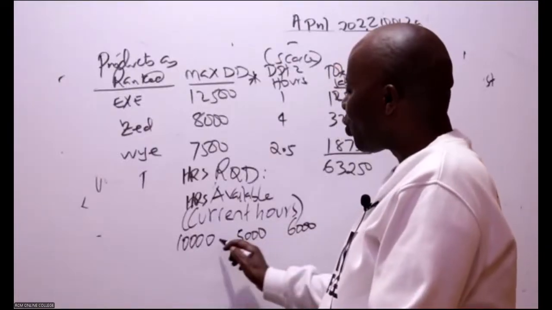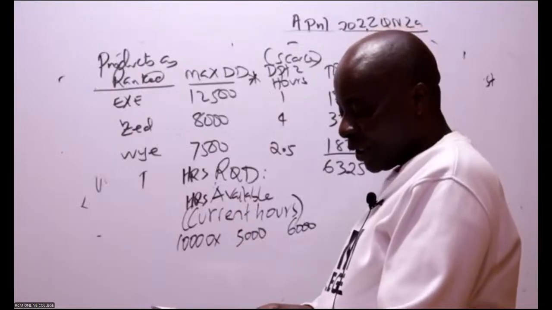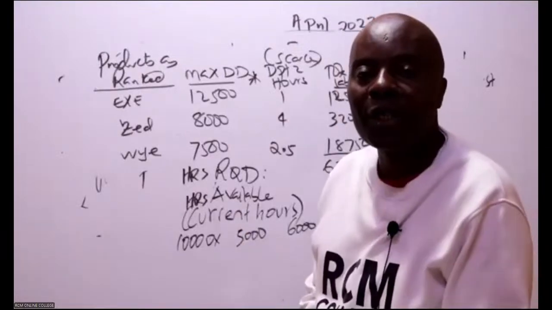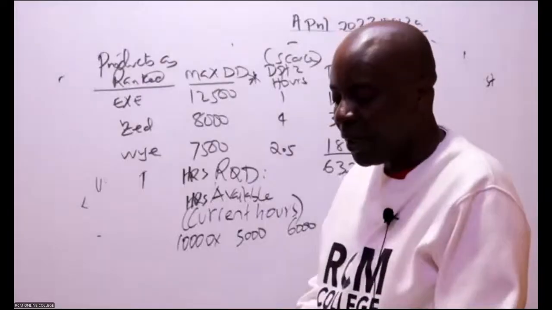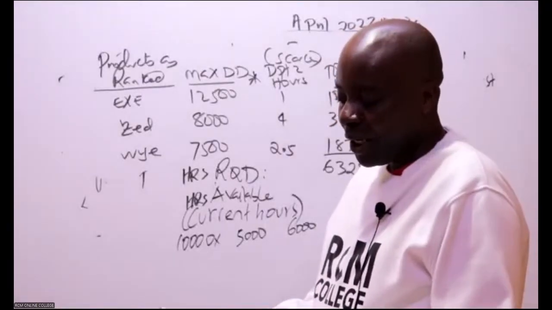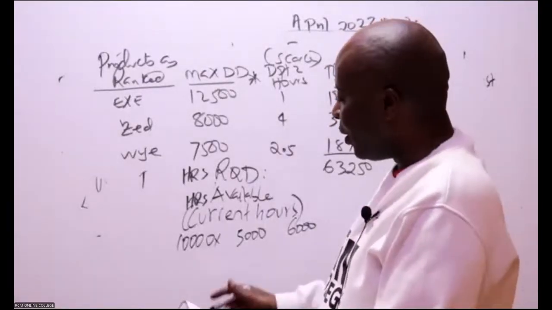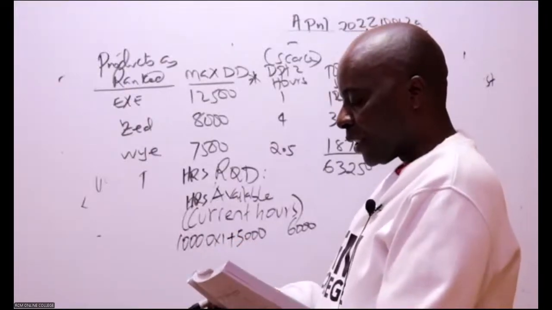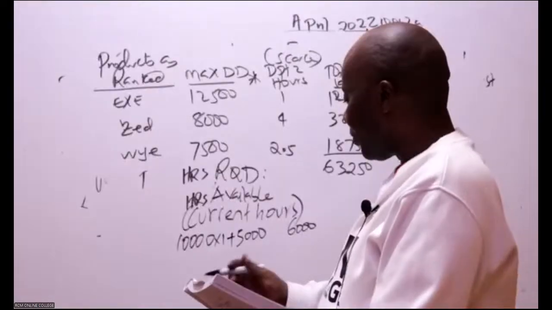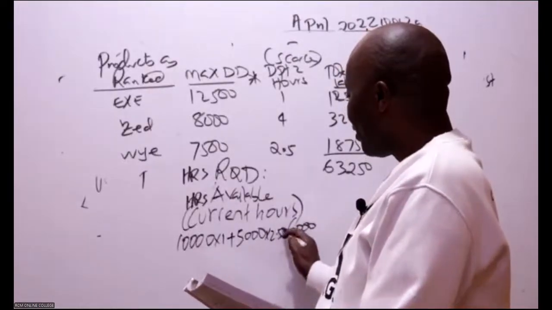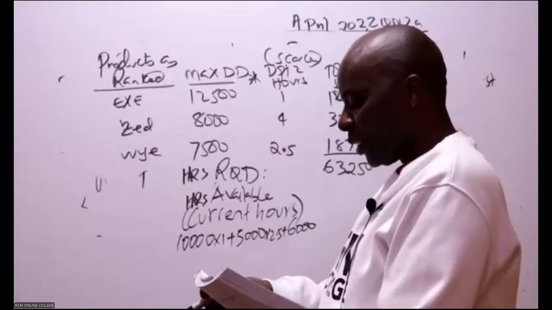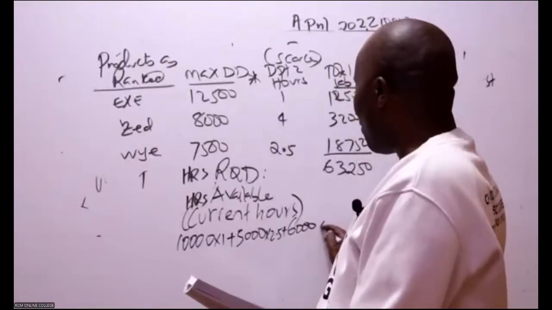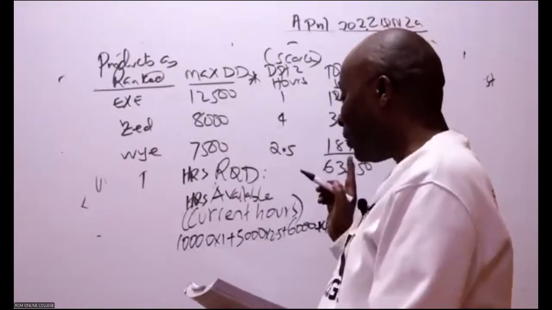So what you need to do is multiply these with the Department 2 labor hours, the ones which are scarce. I'm not concerned with Department 1 and Department 3. So Department 2 labor hours available is 10,000 times 1, plus 5,000 times 2.5 for Y, plus 6,000 times 4.